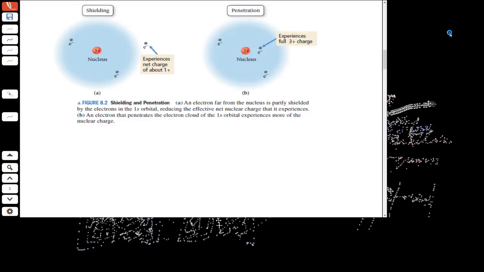So let's take a look at comparisons of some orbitals and their radial distributions. Let's grab both of these.